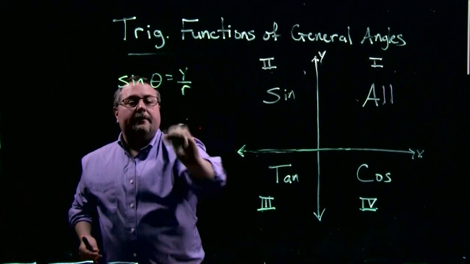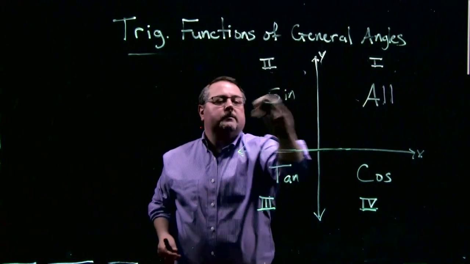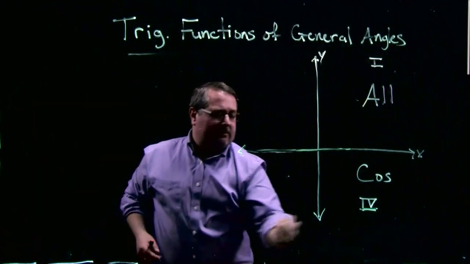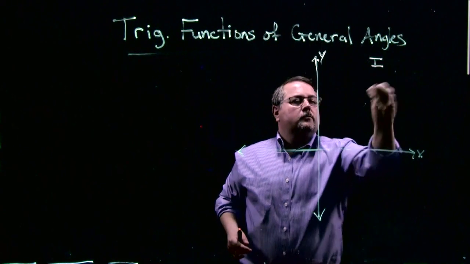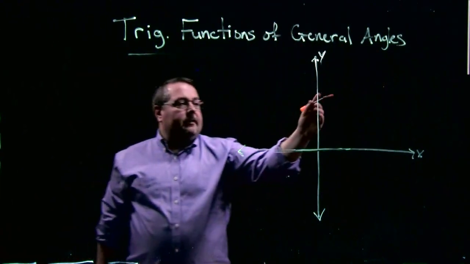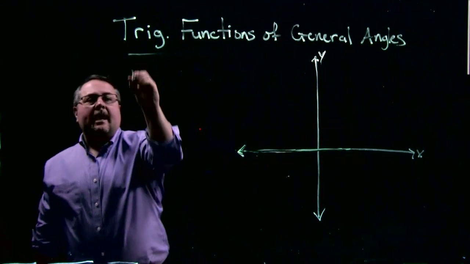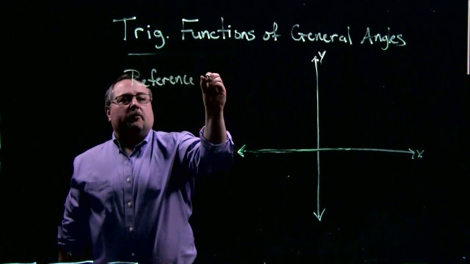Now we can combine this with the idea of a reference angle. Okay, so every angle that has a terminal side in a quadrant, not on an axis, has a reference angle.